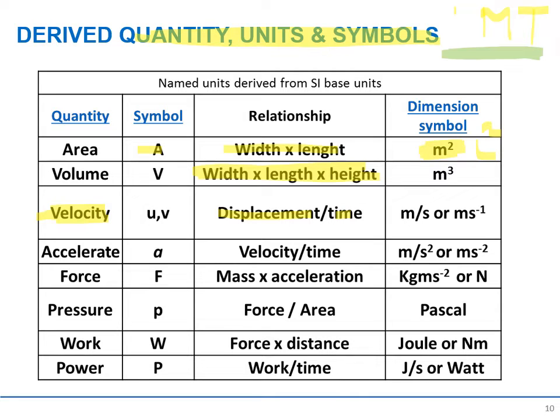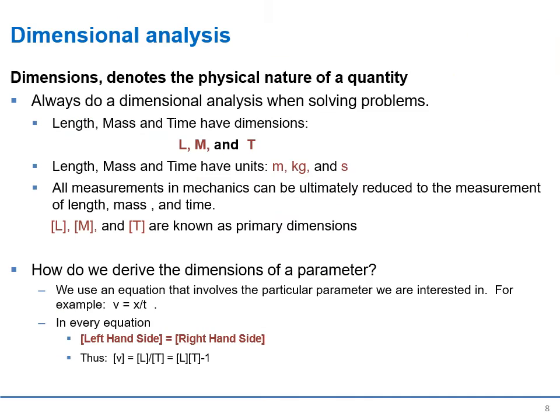Displacement is measured in meters, which is basically a distance, and time we measure in seconds, so the unit for velocity will be meter divided by second. Similarly, you can check the units for all these derived quantities: force, pressure, work, power, and so on. So that is what we did about the units of quantities.